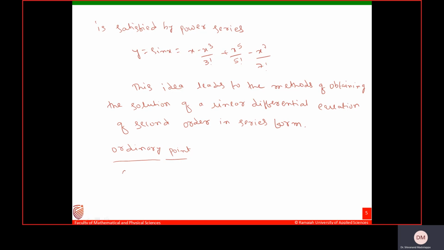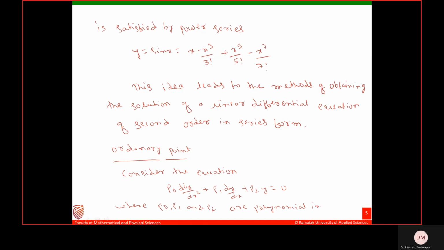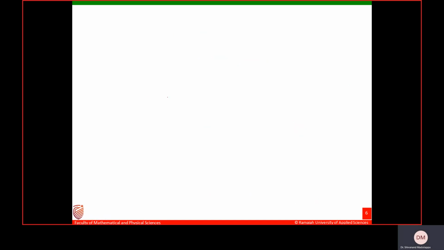Consider the equation P naught d2y upon dx square plus P1 dy by dx plus P2 y is equal to 0, where P naught, P1 and P2 are polynomials in x.